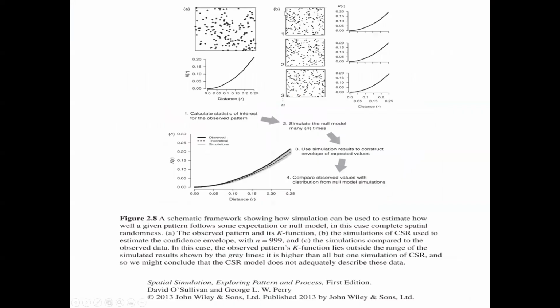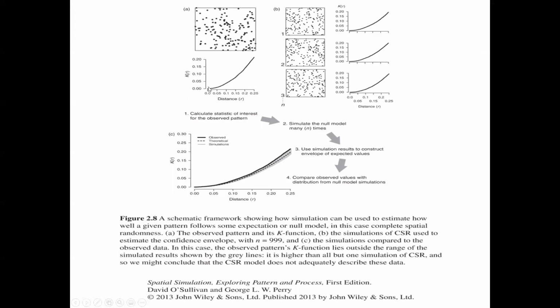Okay, here is another example. In figure A, we have the observed pattern. In B, we have run n times of the simulation to form n curves. These n curves form an envelope, and here n is equal to 999.